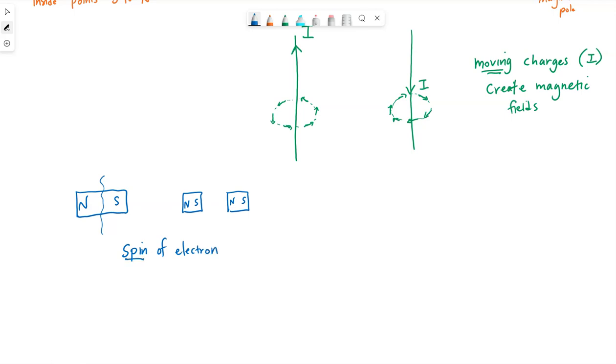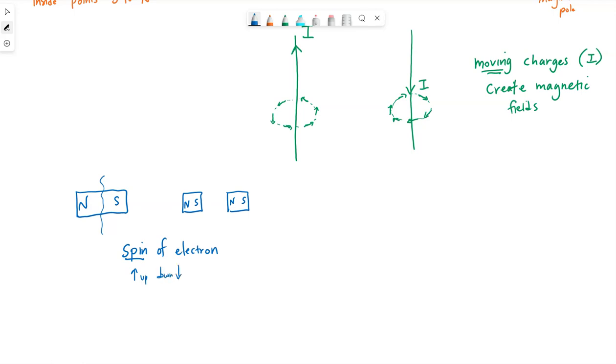The spin of an electron is a fundamental characteristic of an electron describing some magnetic properties. We can think of it as an electron spinning, like an ice skater spinning, though on the true atomic scale, that's not what's happening. But there is a characteristic of electrons called spin. And if you take, I think it was in physical chemistry, one of the chemistry classes, they talk about spin being up or down.